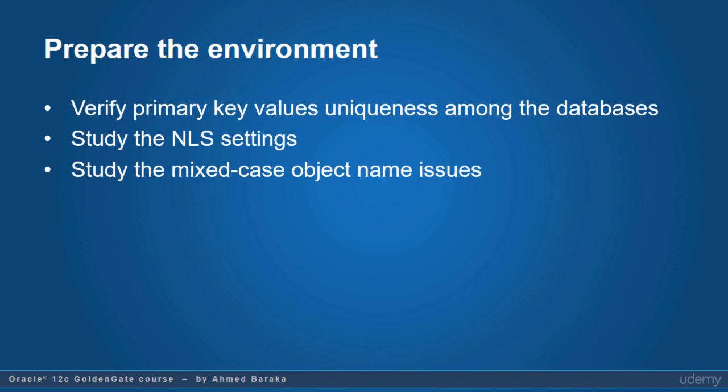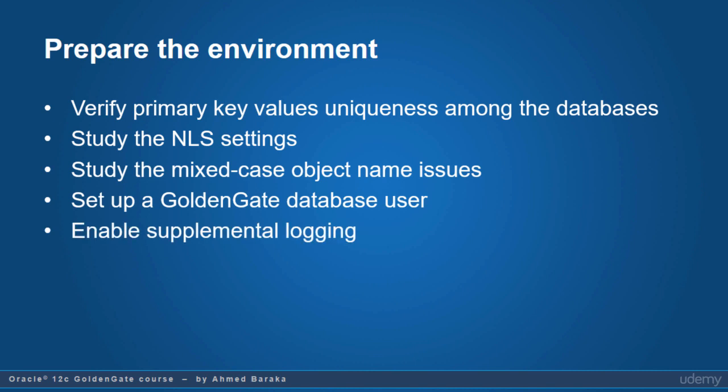Study the mixed case object name issues in the databases involved in your configuration. Set up a database user in the source and target databases that will be used by the Golden Gate to connect to those databases. You also have to enable the supplemental logging option in the databases.